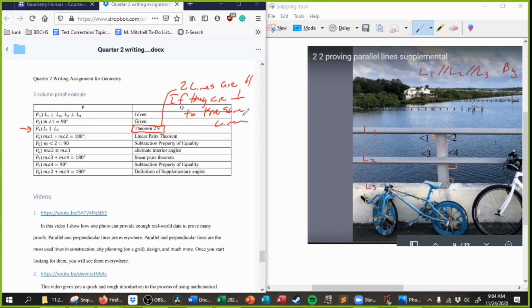And I can see for sure those two lines would have to be parallel because they're perpendicular to the same line. One great thing about writing proofs is the only proof you can't use or assume to be true is the proof that you're proving. So we don't have to do any work on theorem 2.9. We know it's true already, so we can use it freely.